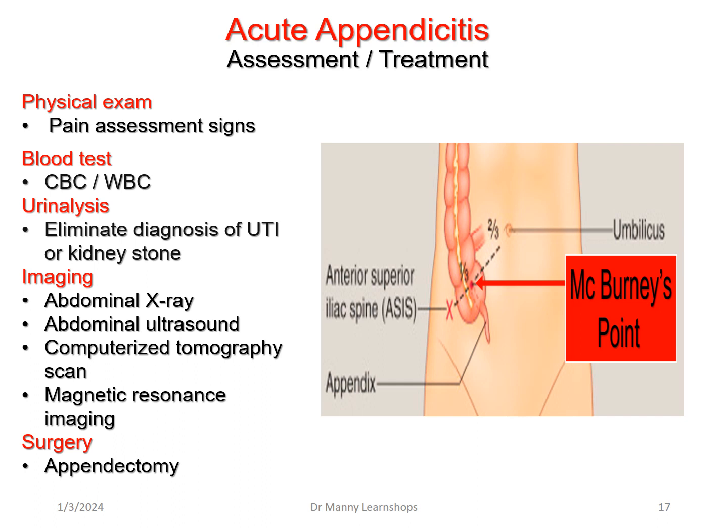When we come to assessment and management of acute appendicitis, as previously, history and physical assessment are always important. However, there are lab investigations that can be done to determine whether there's an increase in your white blood cell count, infection, inflammation.